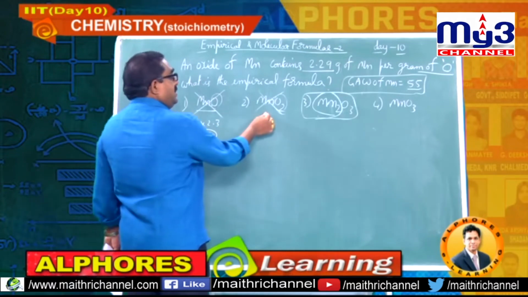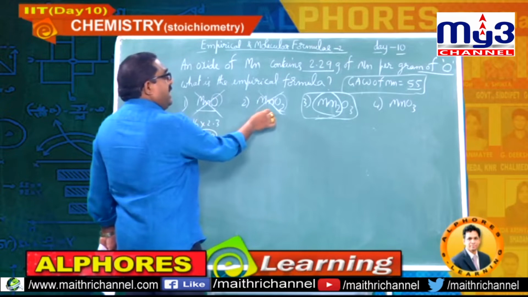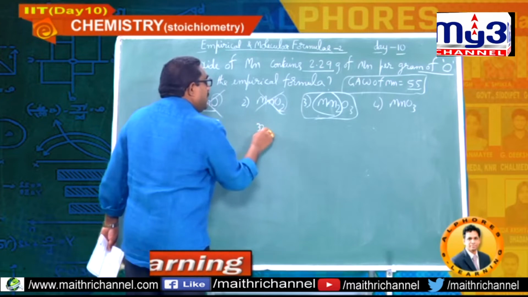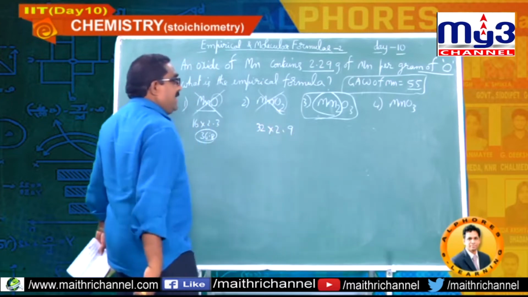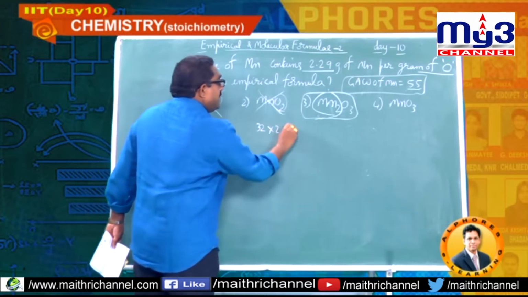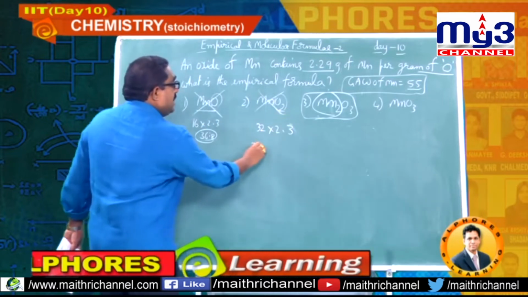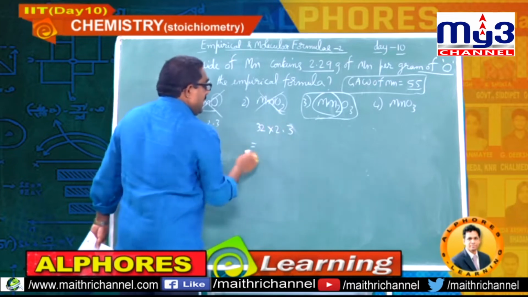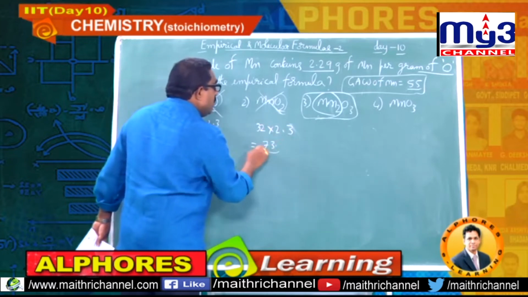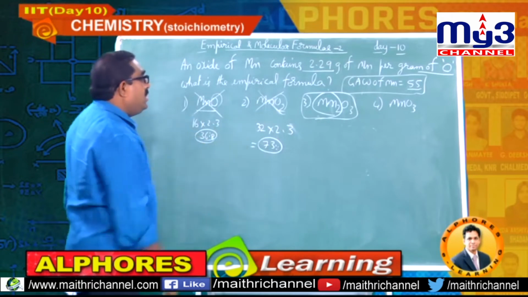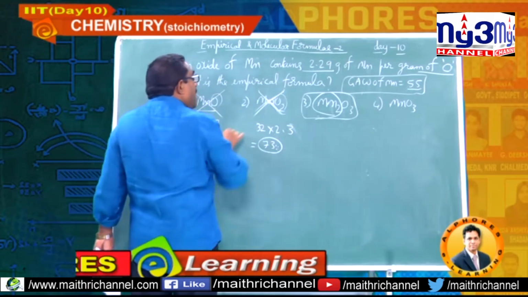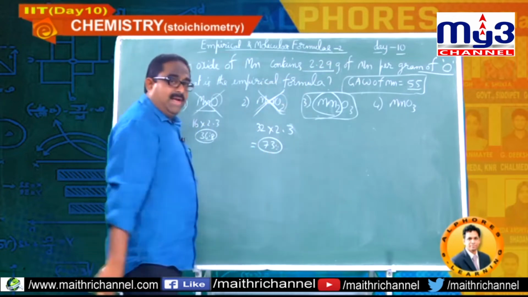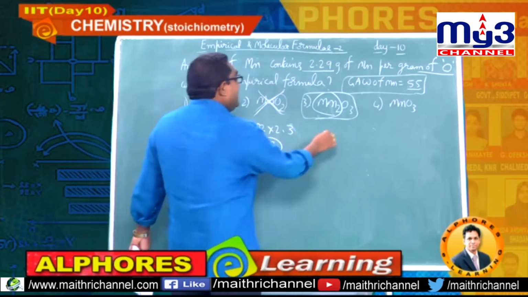So come to this one, students. 2 oxygens, 32 into 2.3 comes around 73 or 74. So this is not your answer because this condition is not satisfied. Okay, next come to this.